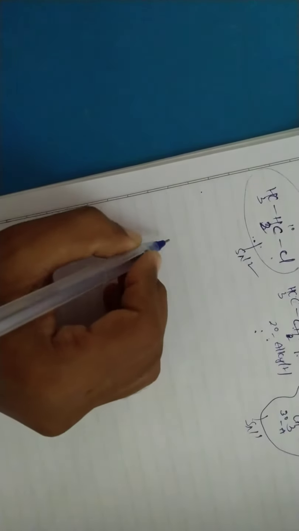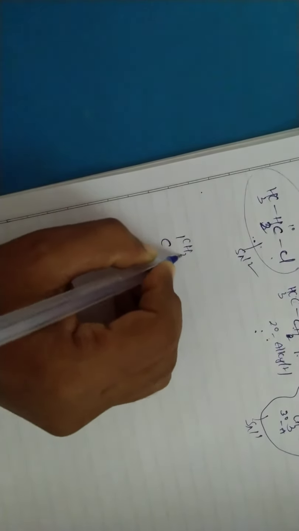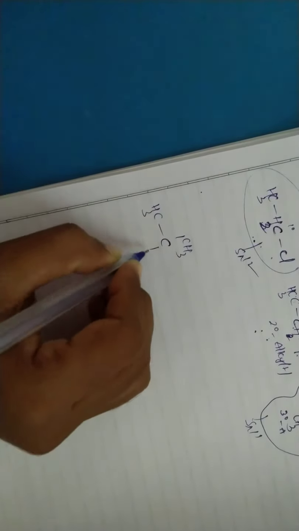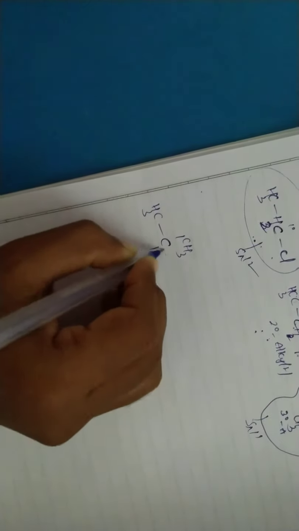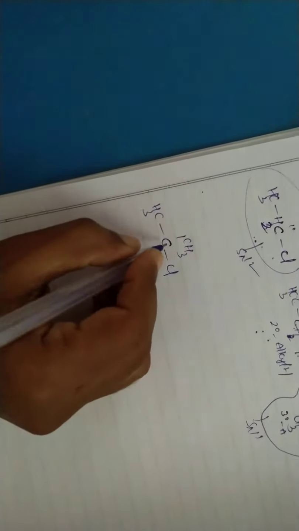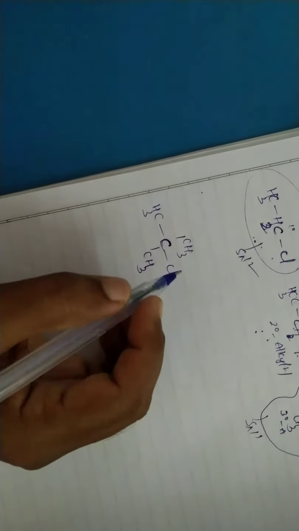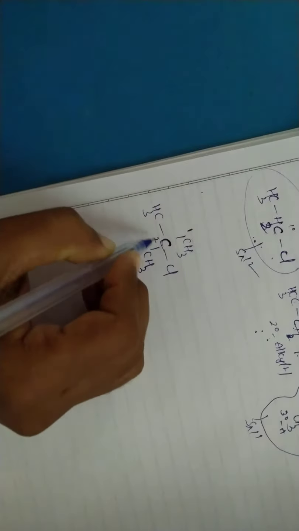So now we take a tertiary alkyl halide. For example, I am taking here C(CH3)3Cl, with three CH3 groups. Here we can number it 1, 2, 3.